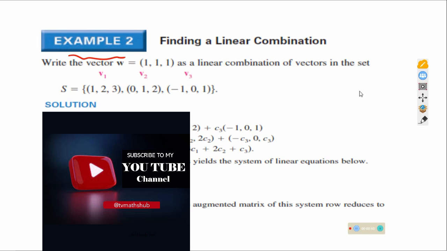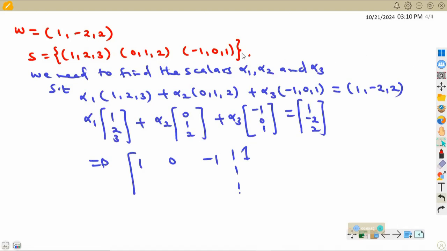So let us look at how best we can do that using the similar method that we have so far looked at. Our major interest is to show that W can be written as a linear combination of these vectors here, which we can call U1, U2, and U3. What is our interest?